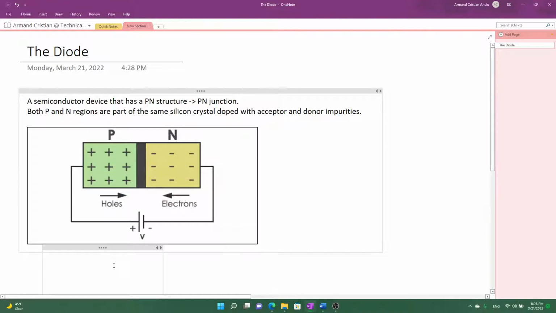So this is exactly what I stated above, the P and N structure of the diode. To the left of the structure we have the holes, and to the right we have the electrons. These holes and electrons are what we call acceptor and donor impurities. Very simple.